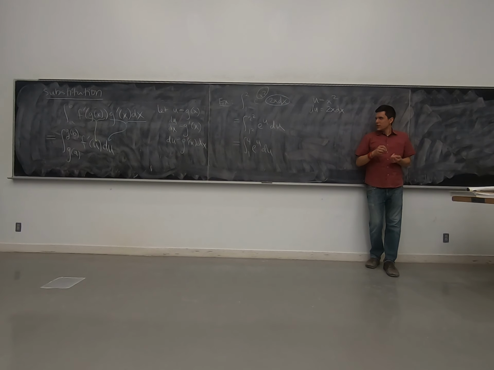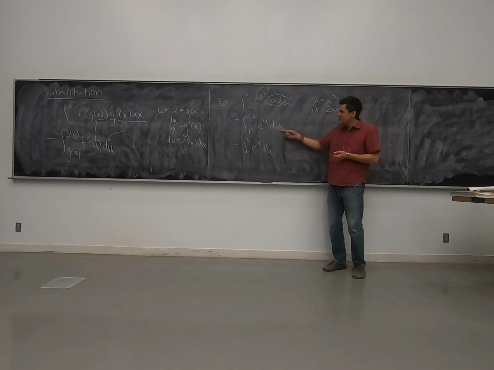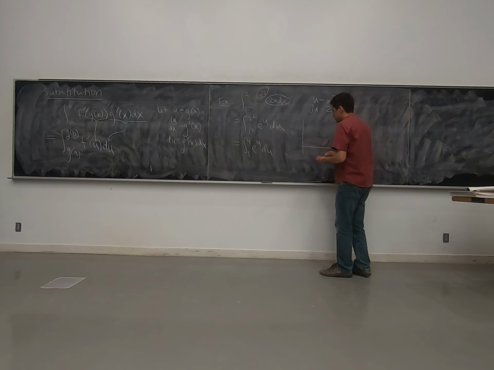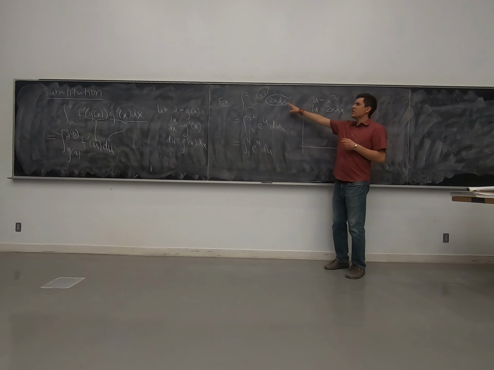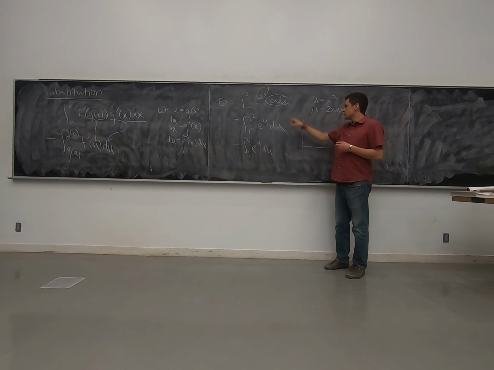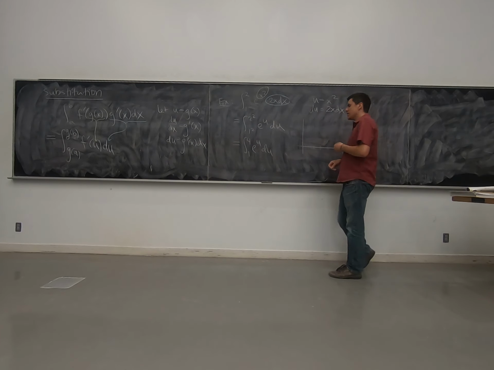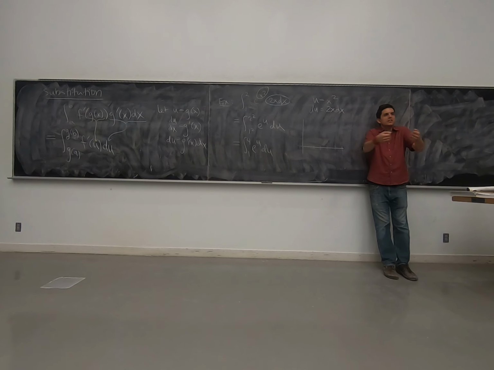I want to talk a little bit about what this du does, just to shed a little bit of light on it. So when we start off with our integral just in terms of x, then our Riemann sum is kind of equally distributed, right?